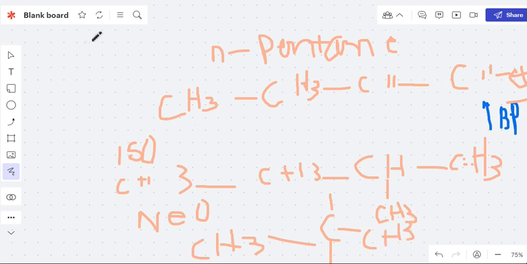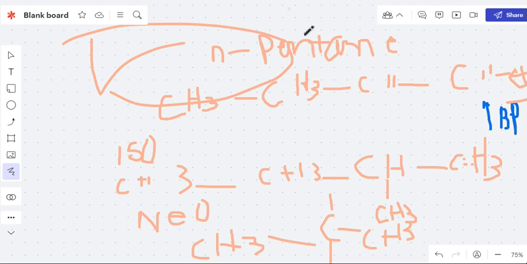Of course n-pentane has a large surface area, so it has more Van der Waals forces. So when we talk about isomers, we judge on the basis of surface area. This was the basic trick that you must know.